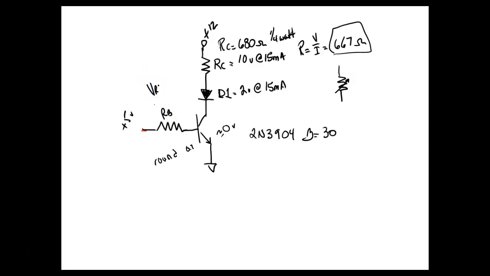So VRB is going to be approximately 4.3 volts. At what current? To calculate the size of the resistor, R is equal to V over I. Well, I know the V, so now all I have to do is figure out the I. So what would the I be?